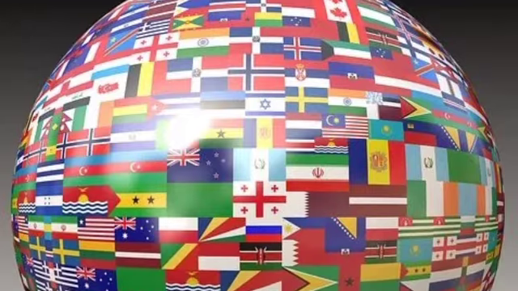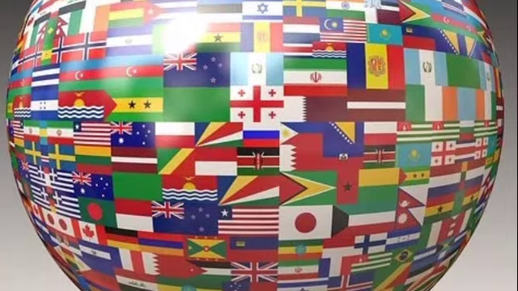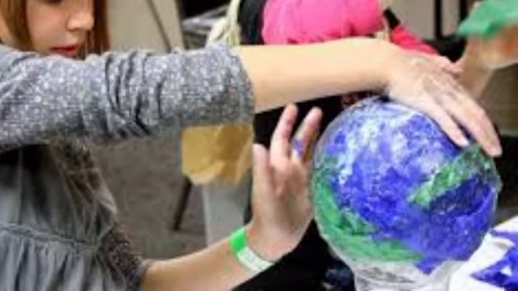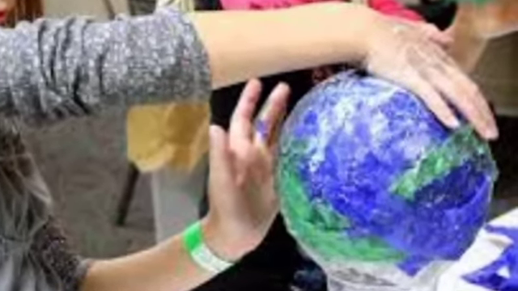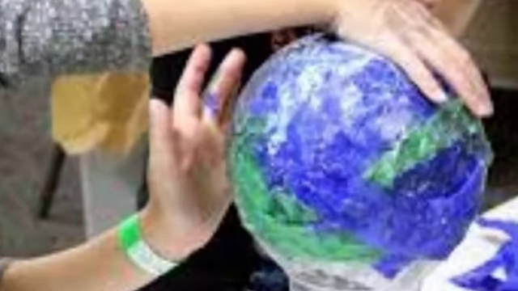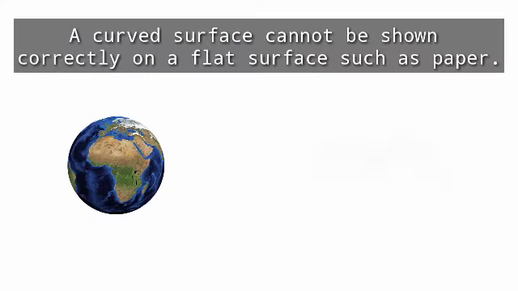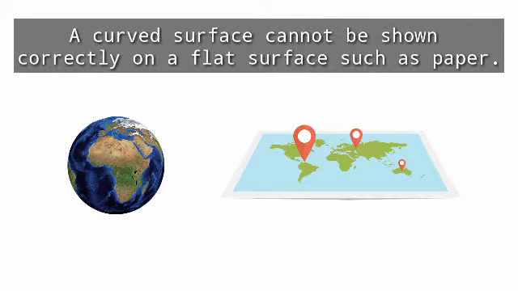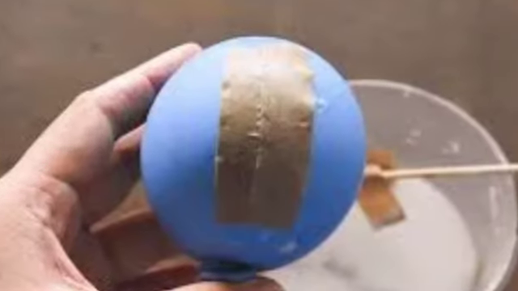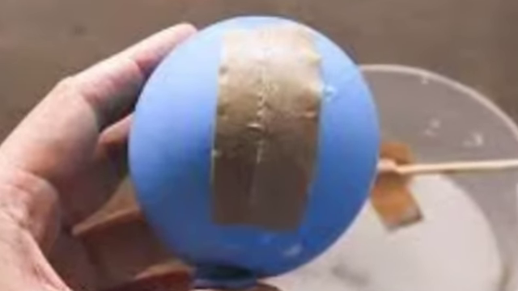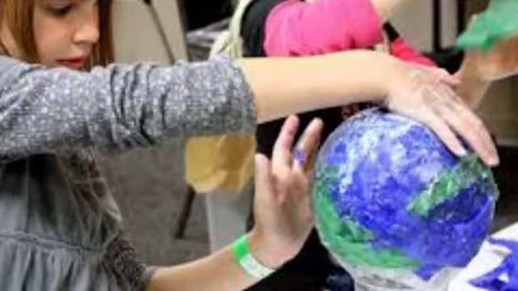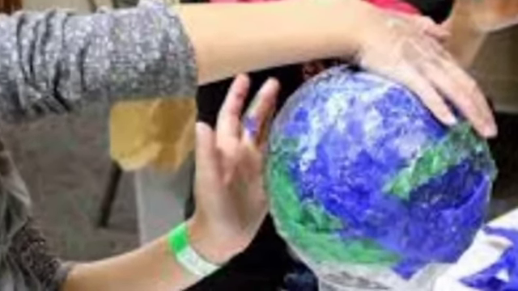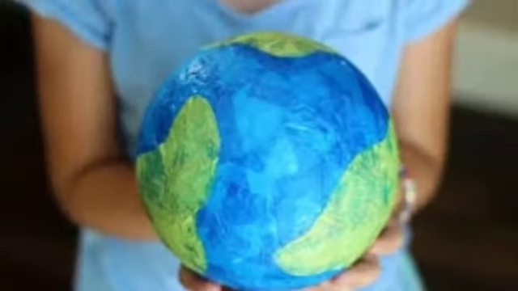However, the earth is spherical in shape and its surface is curved. A curved surface cannot be shown correctly on a flat surface such as paper. Try to cover a ball with a sheet of paper without crushing it. You will find it difficult to do so.